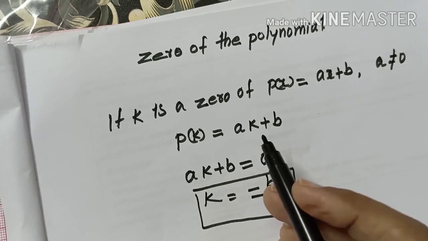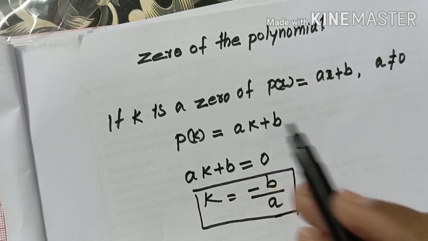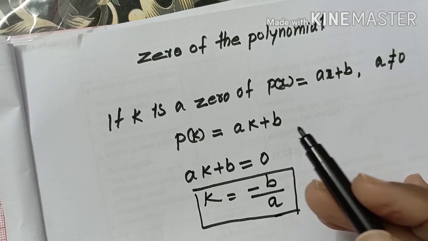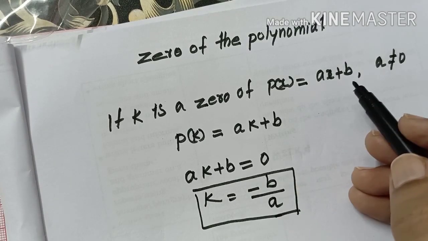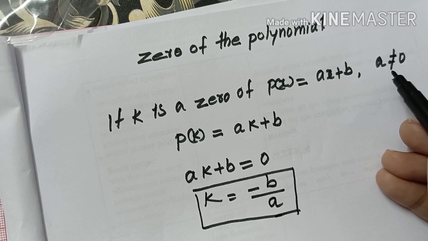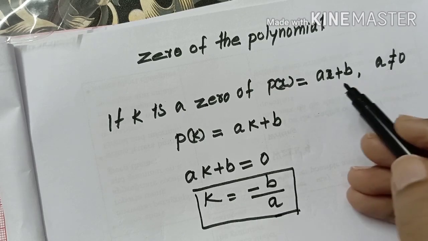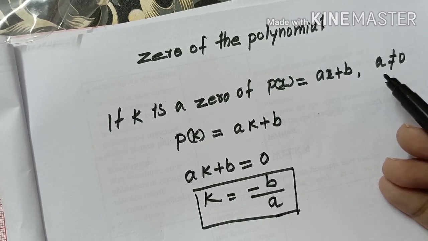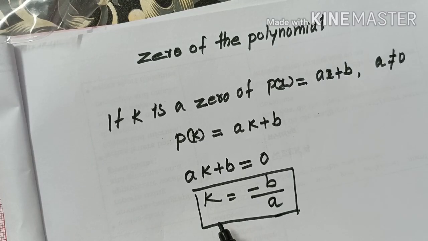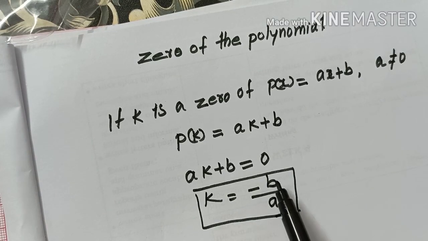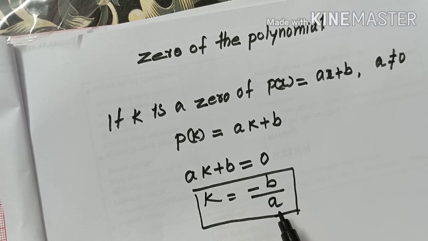So in general we can say that for any polynomial p of x is equal to ax plus b, where a is not equal to 0, meaning a linear polynomial, the 0 of the polynomial can be written as minus b by a. Okay, let us consider one question.